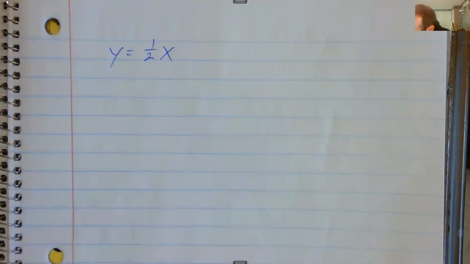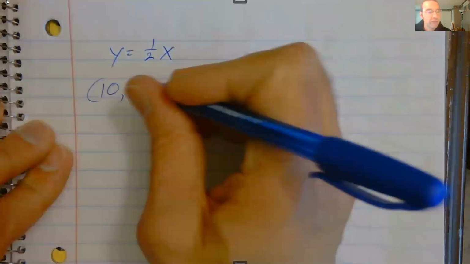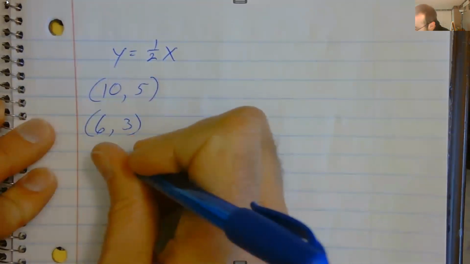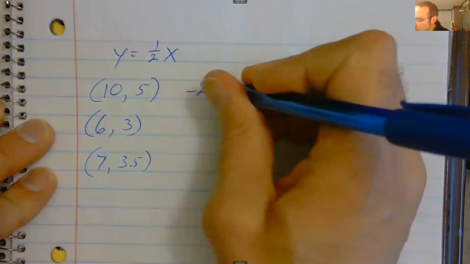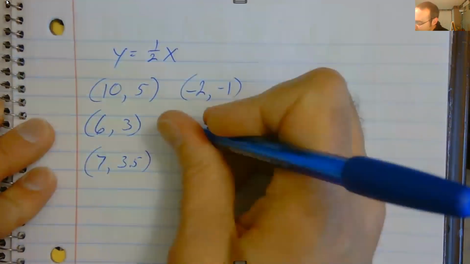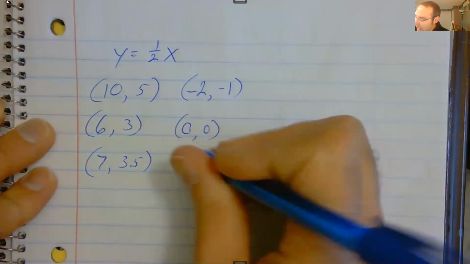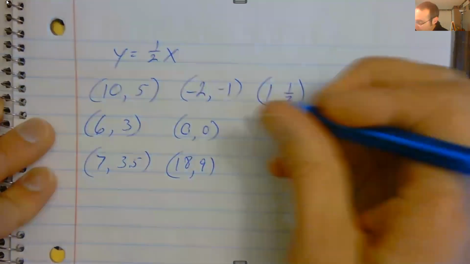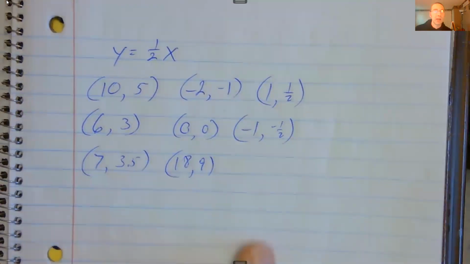So if I start with 10, let's see, if the x value is 10, the y value would be 5, 10, 5, and maybe 6, 3, and maybe 7, 3.5. And I could have -2, -1, and 0, 0, and 18, 9, and 1, 1/2, and -1, -1/2. So I'm just picking a bunch of random points.